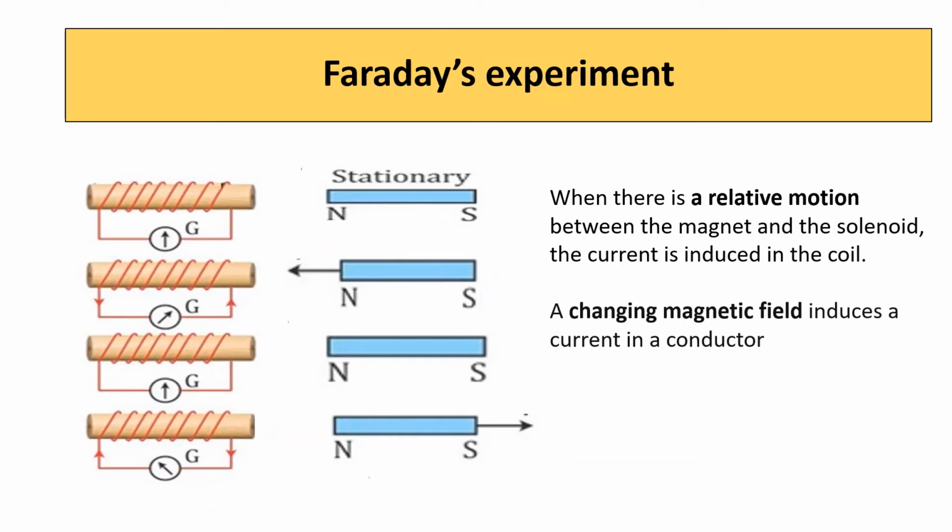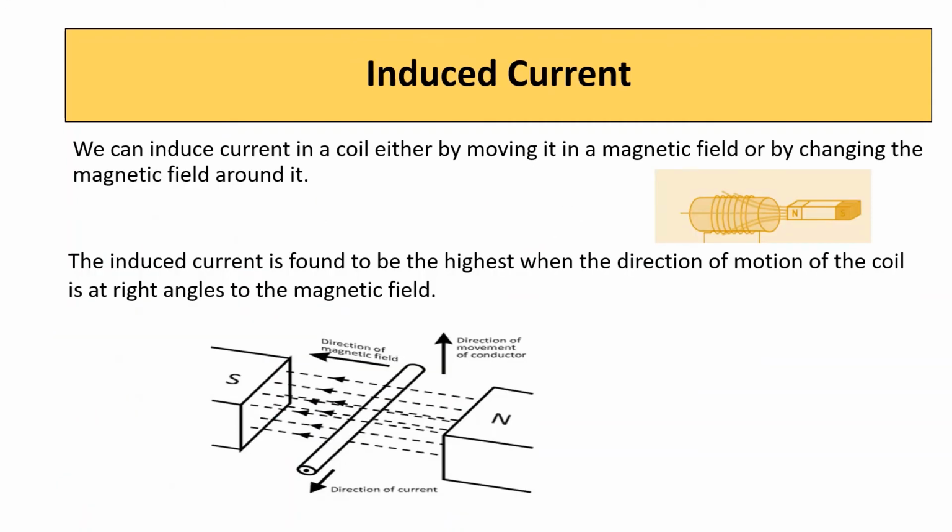That is, the current is induced in the coil only when there is a relative motion between the magnet and the solenoid. We learn that when a magnet is moved towards left or right, an induced current is produced in this coil, and hence the galvanometer connected to this coil deflects.